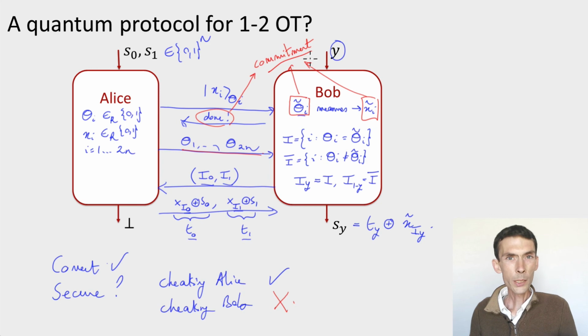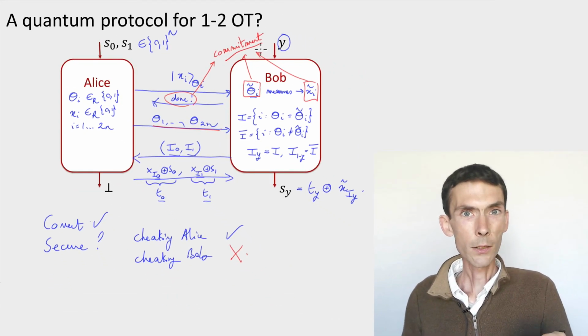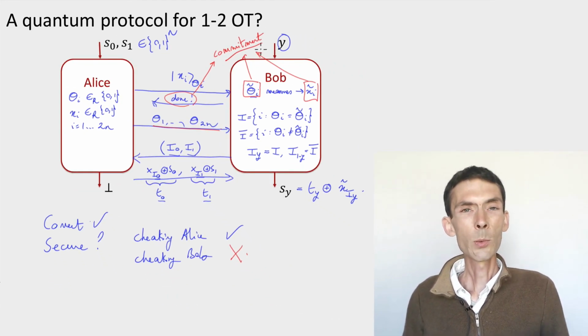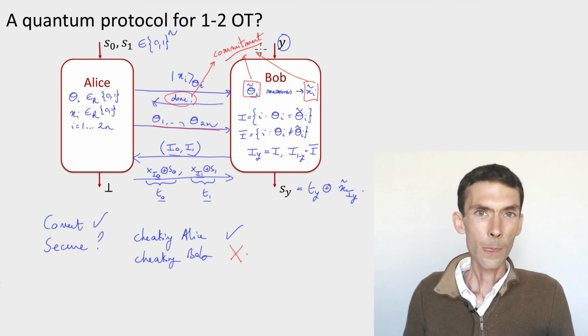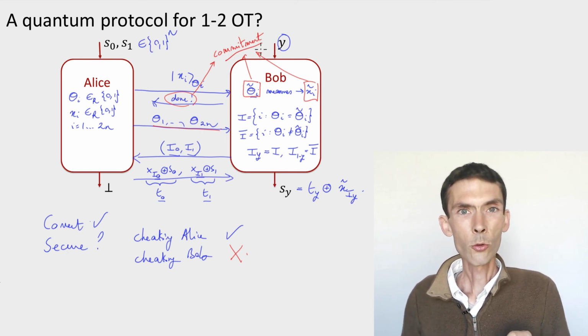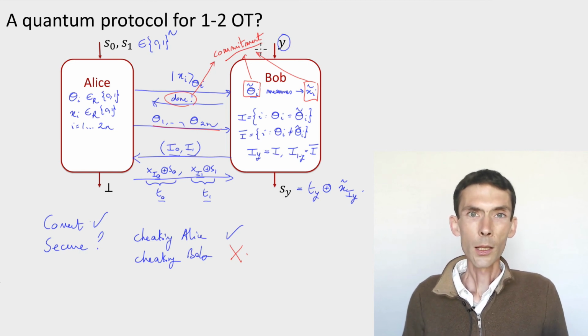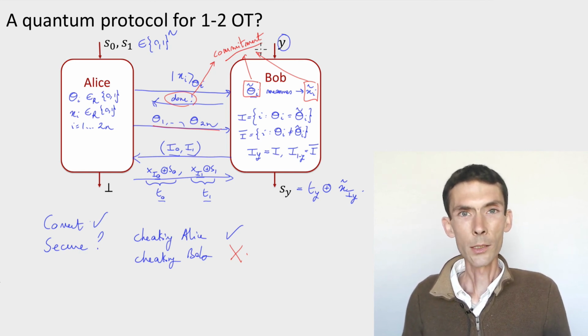Meaning if Bob commits to something, once he's committed to it, there's no way to change his mind later on. So that's called a commitment. You can show that if you have a secure commitment protocol, then this OT protocol can be made secure. And so the only thing that would be left in order to achieve oblivious transfer is to implement bit commitment, and that's something that we're going to think about in the next video.